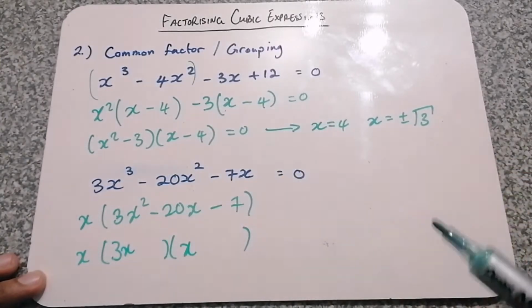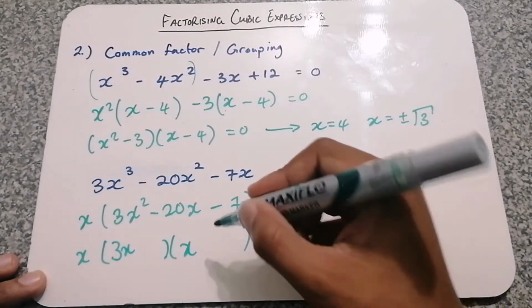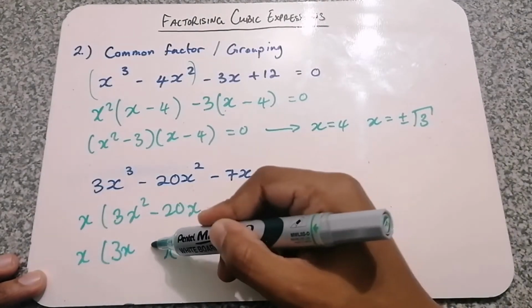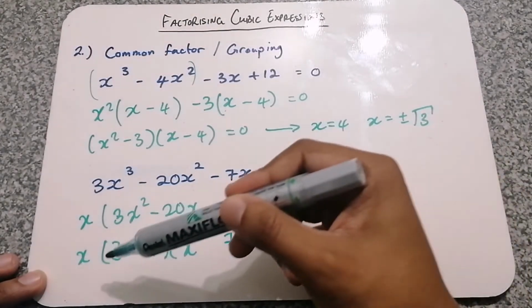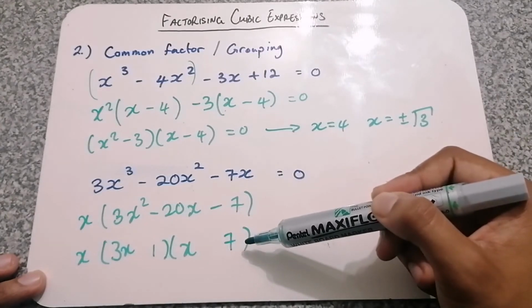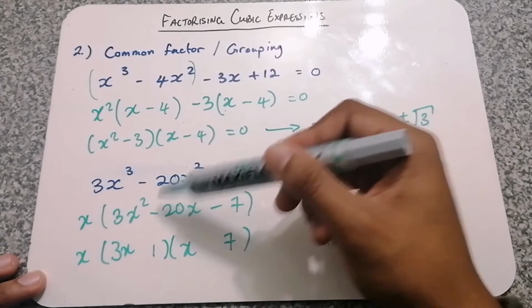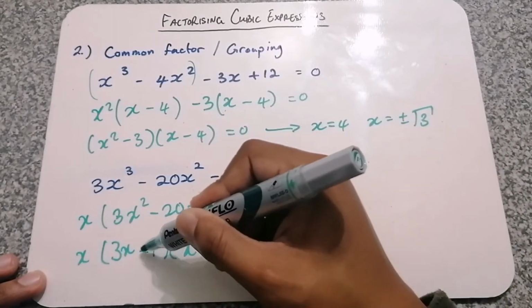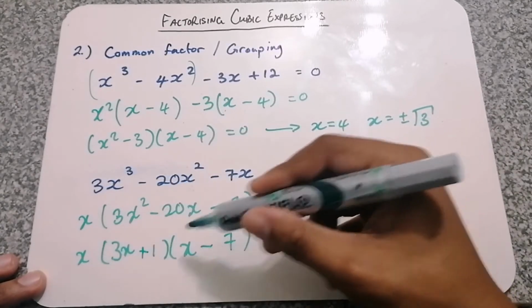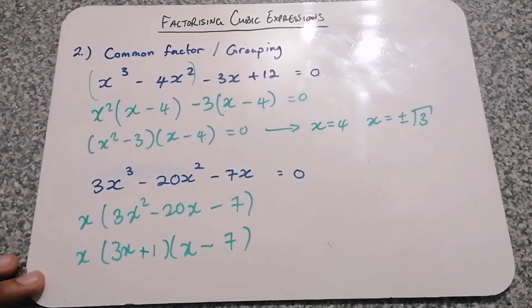That's the factors of 3x squared. Then the factors of 7, since it's a prime number, are just 7 and 1. Notice when I multiply 3 with 7, I get 21, and 1 with 1, I just get 1. So 21 minus 1 is 20. This should get the minus, and that should get the plus.